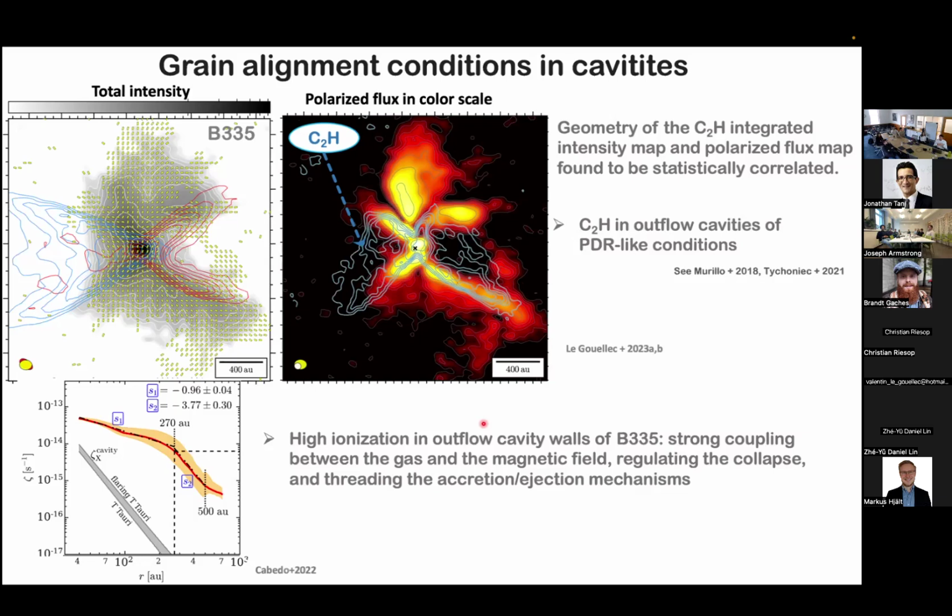So comparing irradiation-sensitive chemistry with the polarization, we found that the irradiation field is a key ingredient in aligning those grains, and therefore the accretion onto the center is directly responsible for the heating of the core, and therefore the grain alignment that we observe.